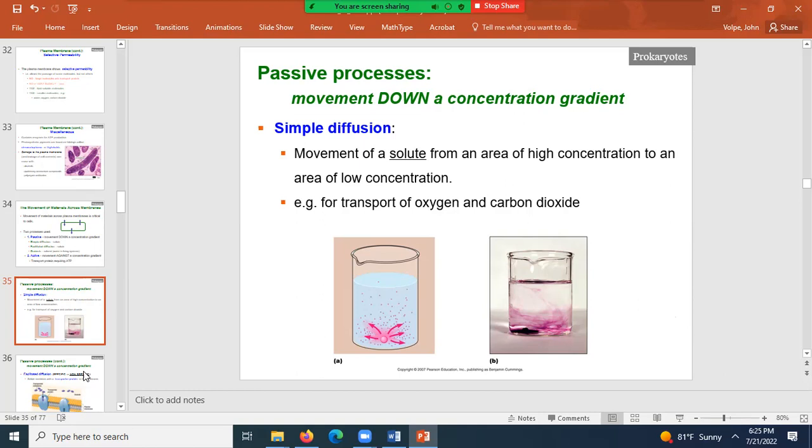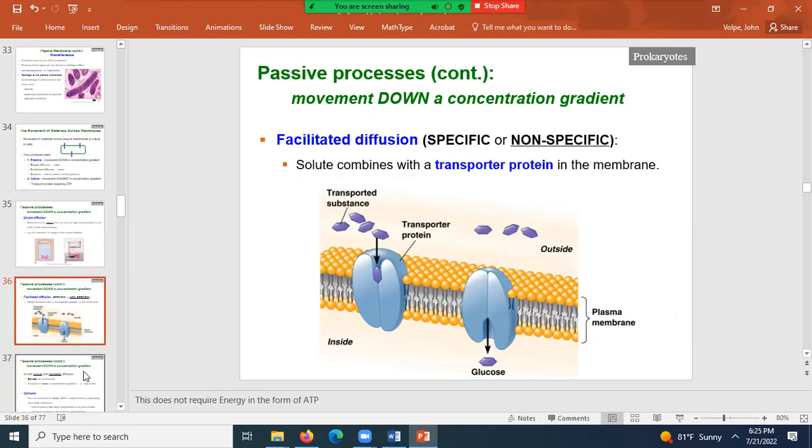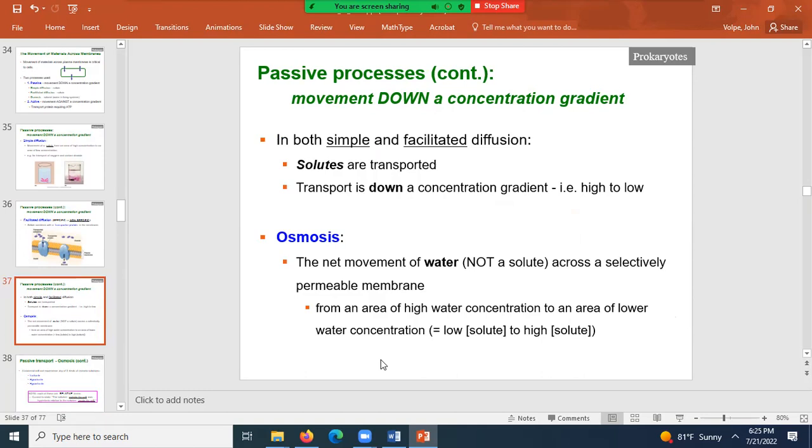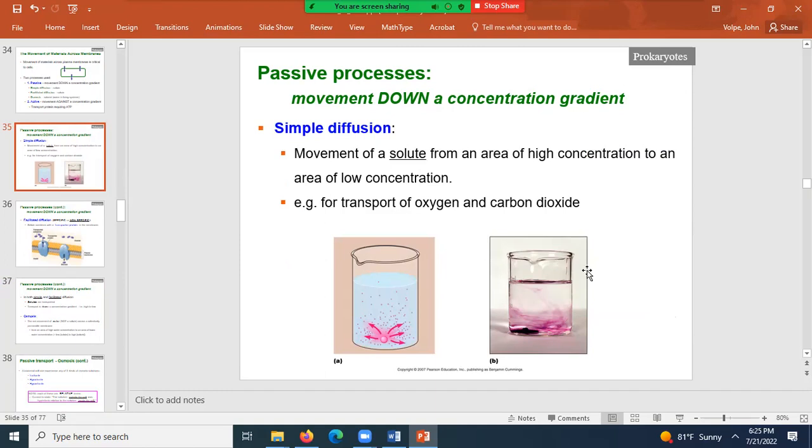Let's go back to the water. Osmosis. It's not a solid, it's a solvent moving across a selectively permeable membrane. As you saw here, we're having simple diffusion, not across the membrane. Although you can have oxygen moving into the cell, and the movement of oxygen is going to happen by simple diffusion across the membrane, but simple diffusion does not require a membrane.